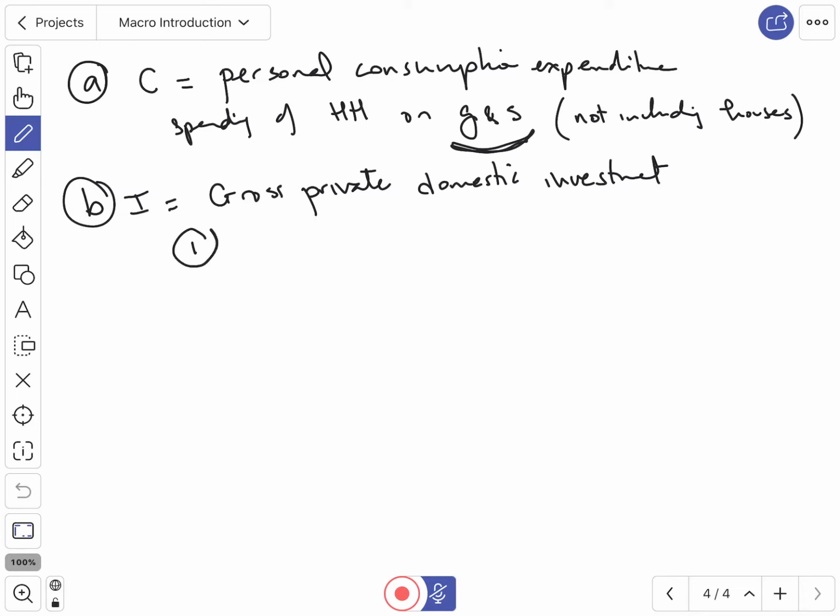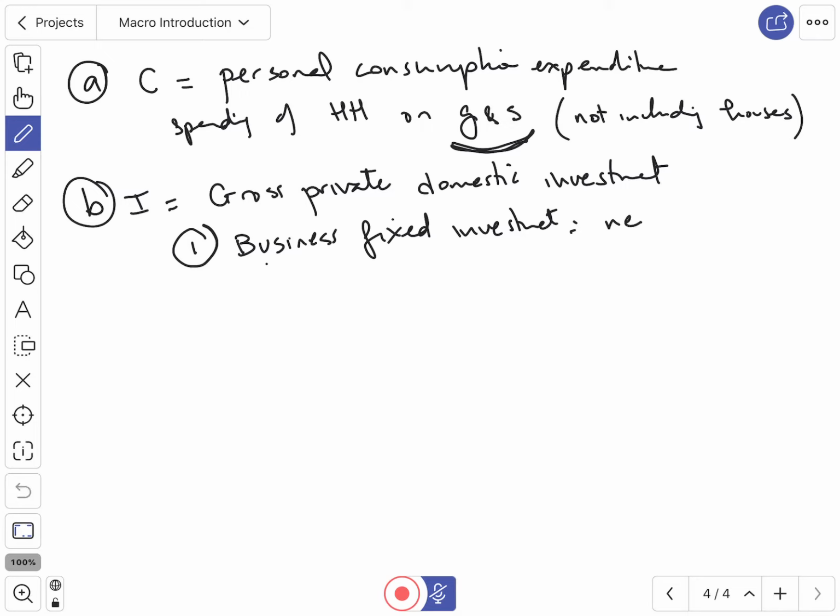The first type we call business fixed investment, and this represents the spending by firms on new factories, office buildings, and machinery used to produce goods. You can come up with different types of spending as long as it's made by the businesses and it's a fixed investment.